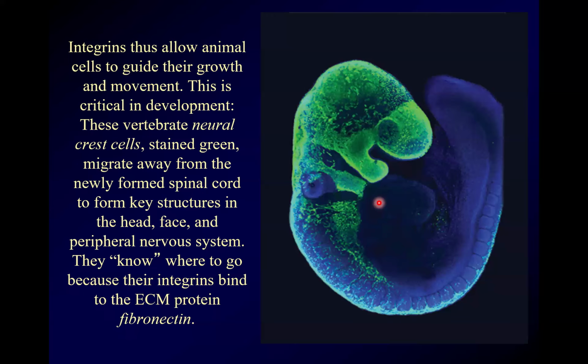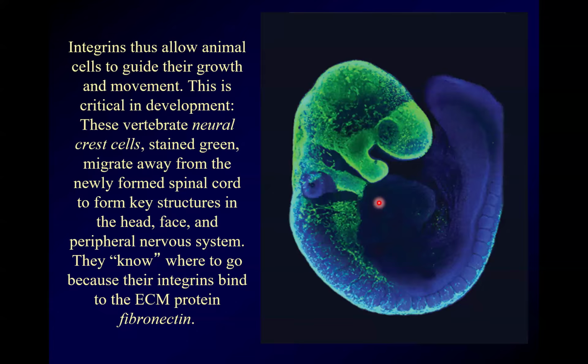It's very important for forming things like faces. And neural crest cells, quote, know where to go because their integrins bind specifically to an extracellular matrix protein called fibronectin. So this is key to how the neural crest cells, quote, know how and where to migrate and probably would have a role in what these neural crest cells transform into as well.